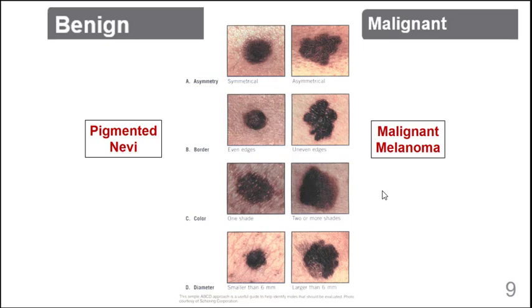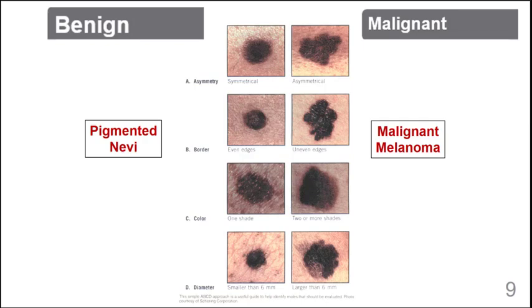Malignant melanoma is a malignant tumor of the skin that originates from melanocytes. So really the transformation of melanocytes, which we know are the cells that synthesize the pigment melanin, and they become cancerous. Discovering melanoma at an early stage can drastically increase a person's 5-year survival.